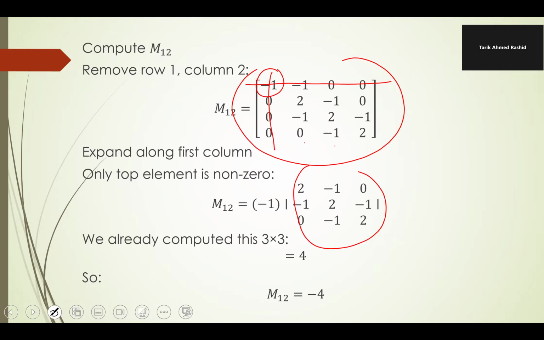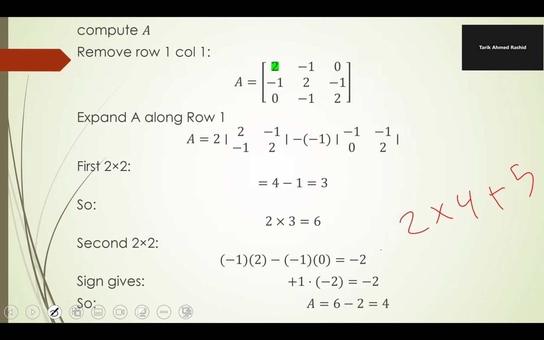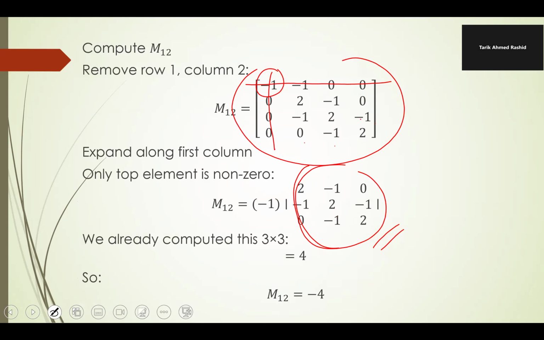Because we already computed this one earlier, if you check, we have 4 for the A, this one. We already did this one. That is 4, that was done. So that is the matrix multiplication for it. We did this part that gives us 4, and M12 is 4, multiplied by this minus 1, so it's minus 4.